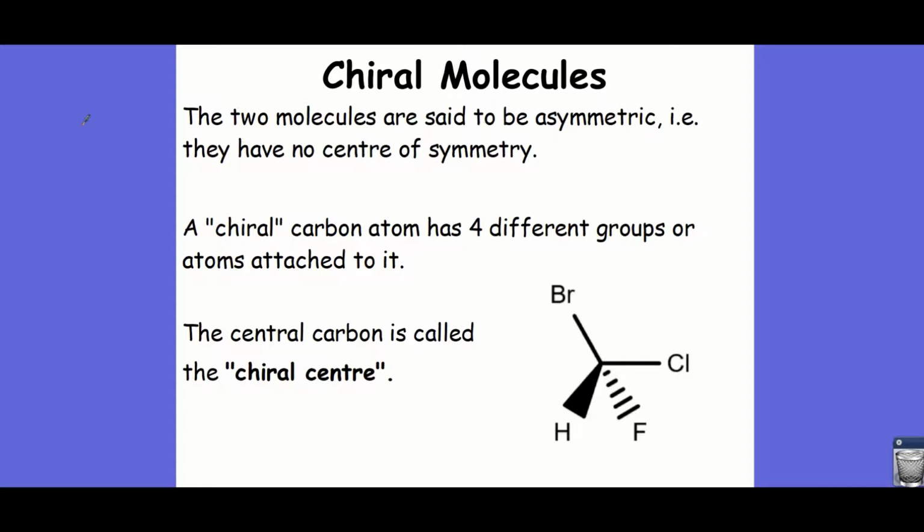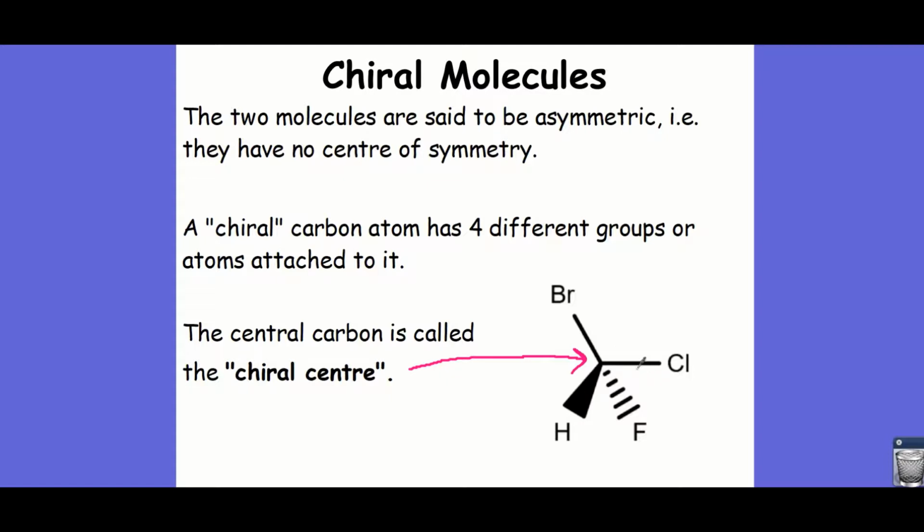A chiral atom or a chiral carbon, that's what we're looking at here. We're looking to identify chiral carbon centers. A bit like your hands, where each finger attached to your palm is slightly different, each atom attached to our carbon atom is different. So if we look at this example here, we have carbon in the middle, we have a tetrahedral shape, and we have a different substituent at the end of each bond.